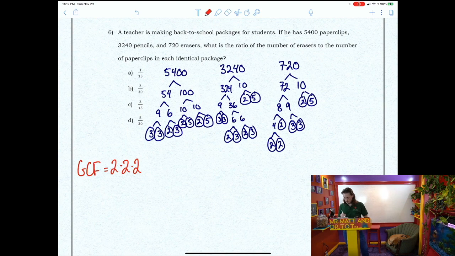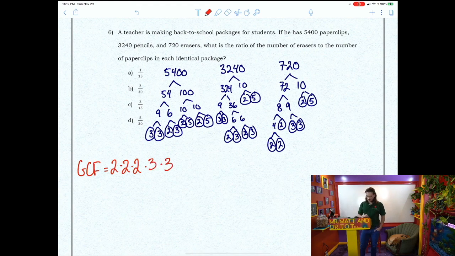So we're going to take 1 5. That's all of the factors. If we take the product of all of these values, we get 360. So we're going to be able to make a total of 360 identical packages.